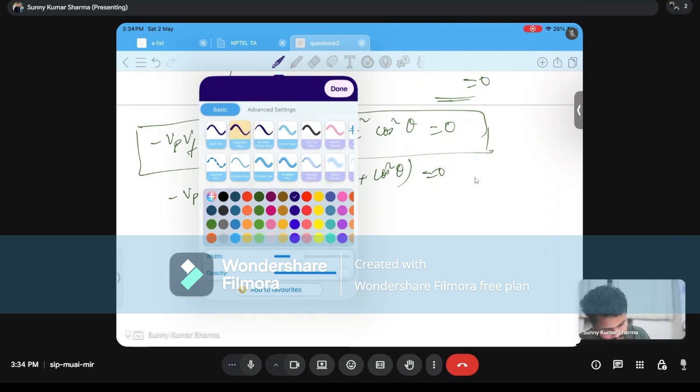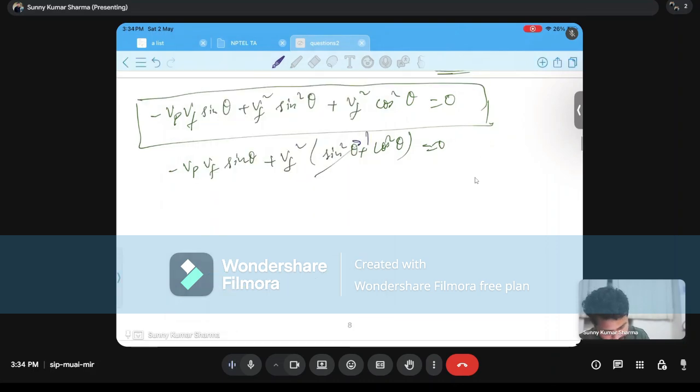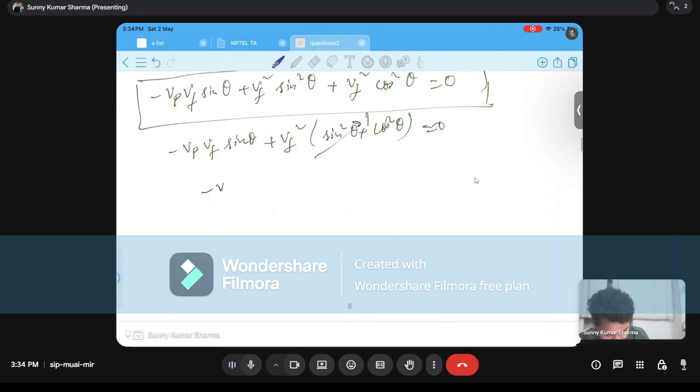Now this is 1. So minus Vp Vf sin theta plus Vf square is equal to 0.